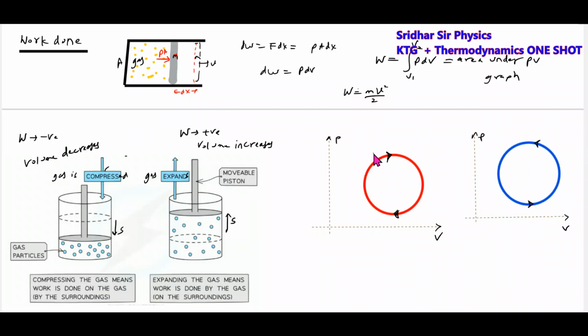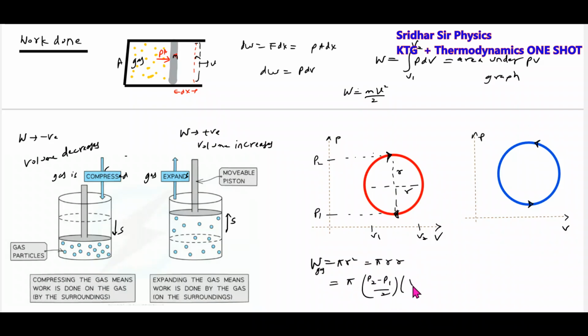Now we'll start like this. Let this be pressure, P2, P1, V1, V2. Then we'll define this as radius. What is the area under the PV graph? Pi r square, pi r into r. One r is (P2 minus P1) by 2, the other r is (V2 minus V1) by 2.